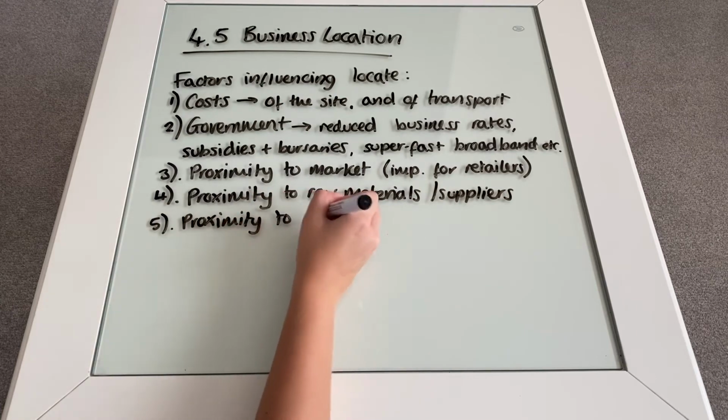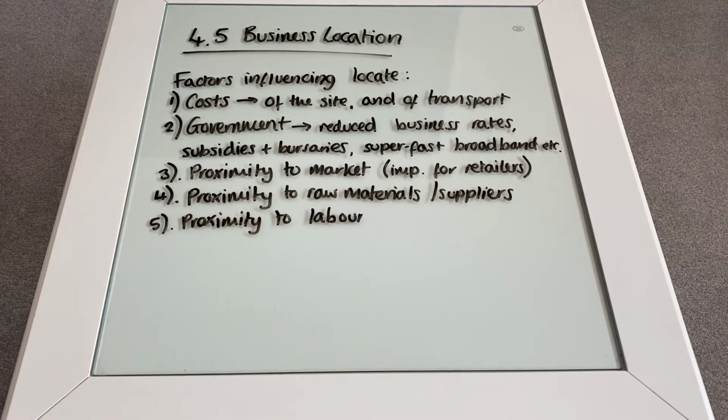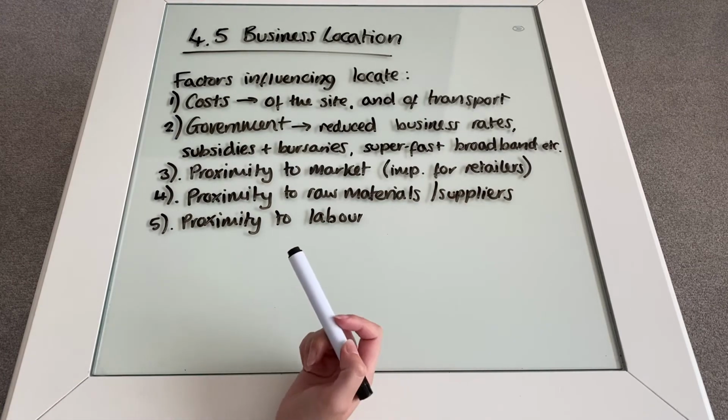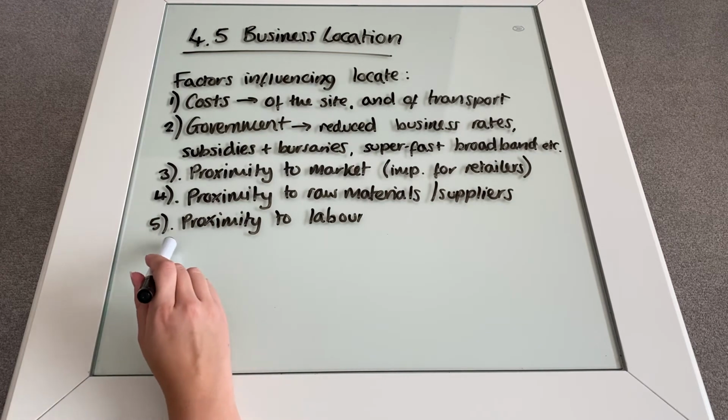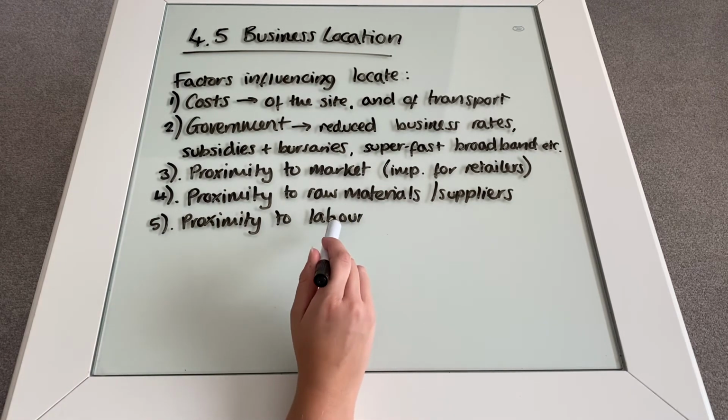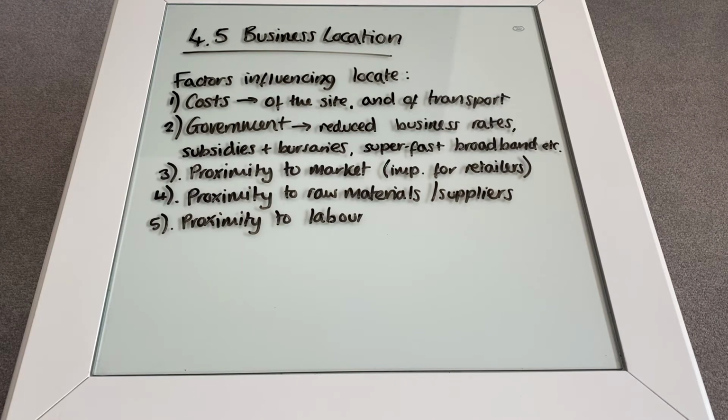This is particularly important for specialist businesses like technology. There tends to be sort of labour hubs where people who have the same specialist skills and the same education gather together. Think of it like Silicon Valley in America. All of that knowledge about technology is in that one area. So if you're opening a tech company, where do you want to go? Silicon Valley. Because you're going to have the choice of the best labour. They're going to want to work for you because it's nearby.